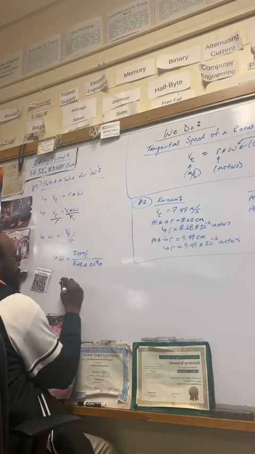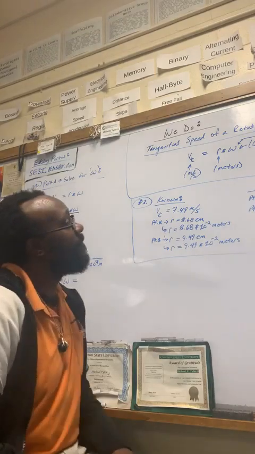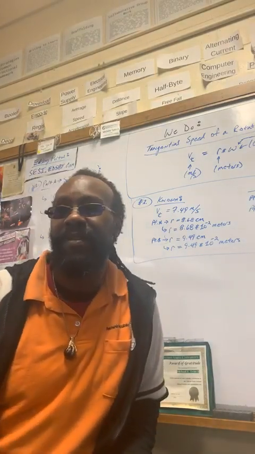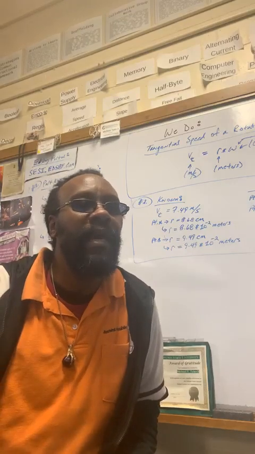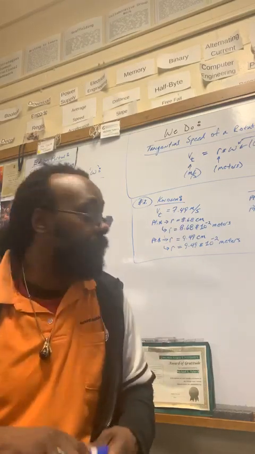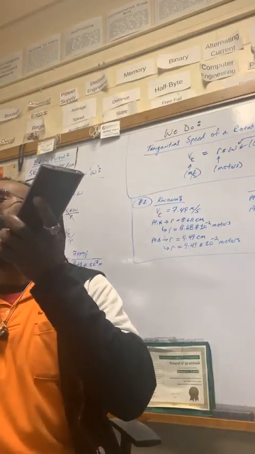So, what is our omega here? What is our velocity, or speed? We go here and calculate. I previously calculated using degrees versus radians.